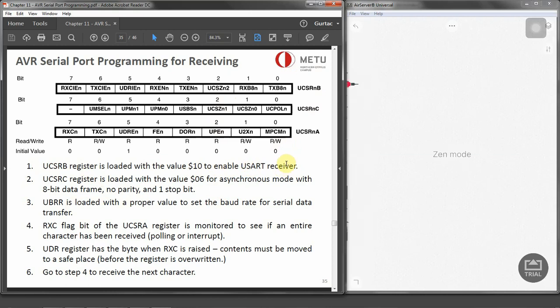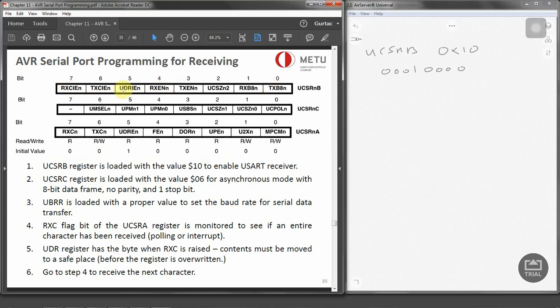So 0x10 means 0001 0000. If we look at it, that means the receiver has to be enabled and the rest is 0.